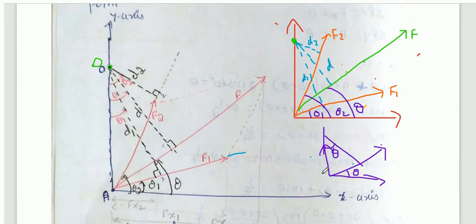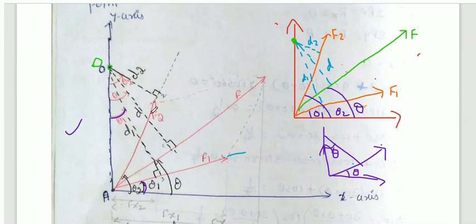According to this theorem, you can observe in this figure, theta 1 is the angle between F1 and the horizontal axis. Therefore the perpendicular drawn to F1 makes the same theta 1 with respect to the y-axis.